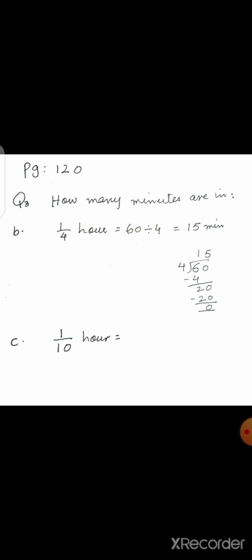Bring down 0, it becomes 20. 4 5s are 20. So 1/4 hour is equal to 15 minutes. C part, you will change it, write 1/10 hour.